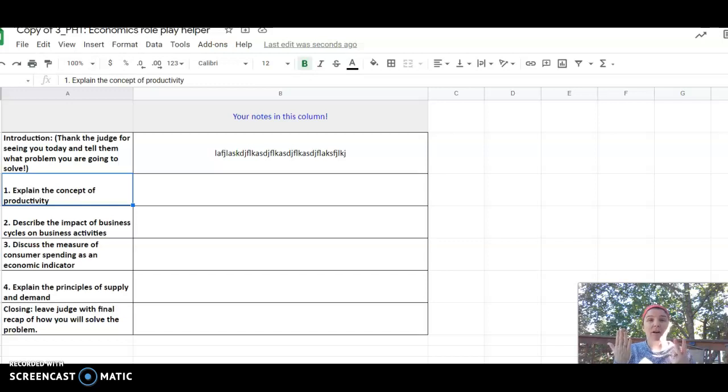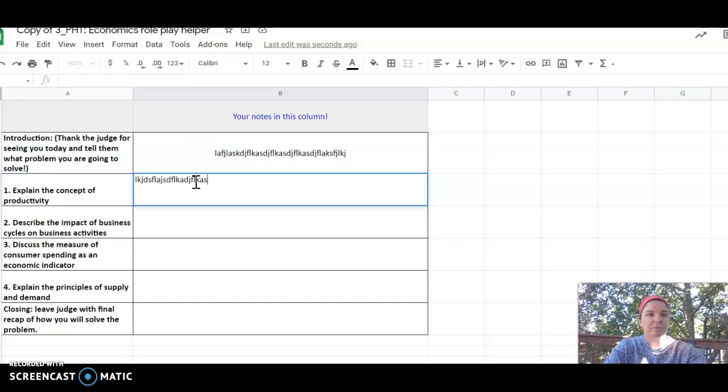The second part is we want to tie it back into the case study that we just read. I'm going to put my answer again right over here, and then move on to my third one.